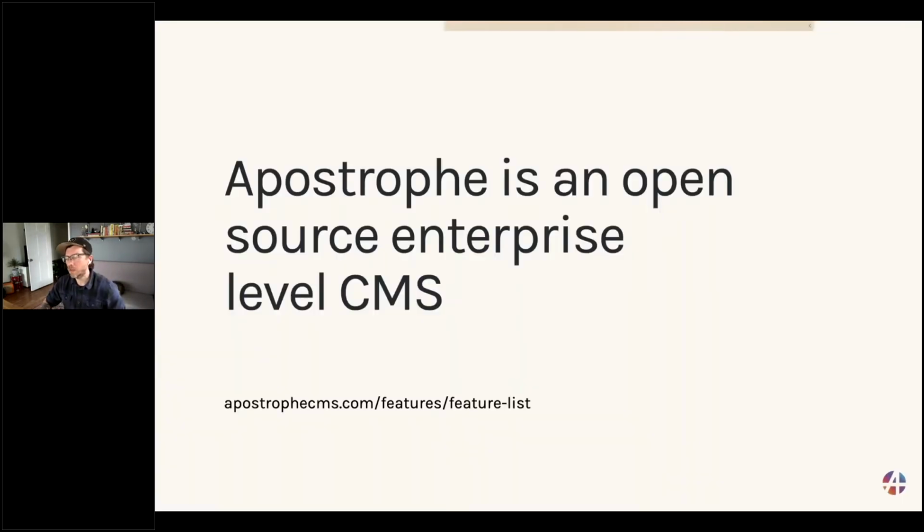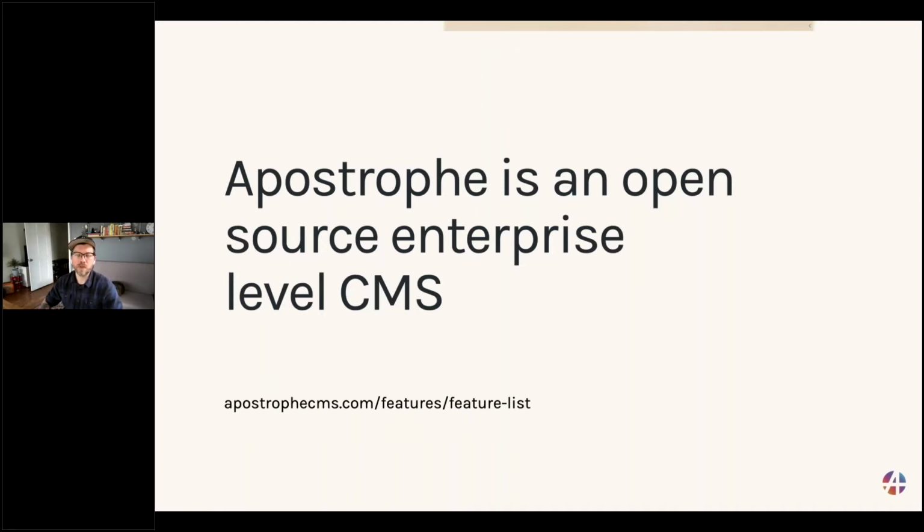So Apostrophe is an open source enterprise level CMS. It's powered by Node. It stores data with MongoDB. It uses the Express web framework and uses Nunjucks to render pages. Some of the main features of Apostrophe are it has in-context editing with drag and drop reordering.